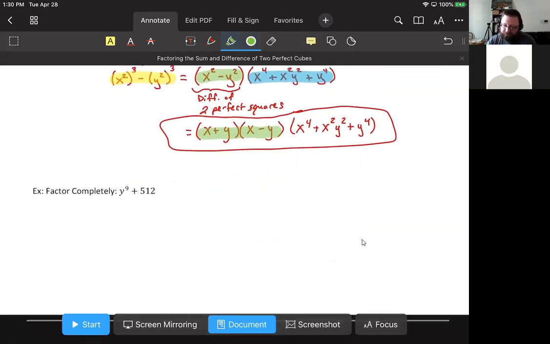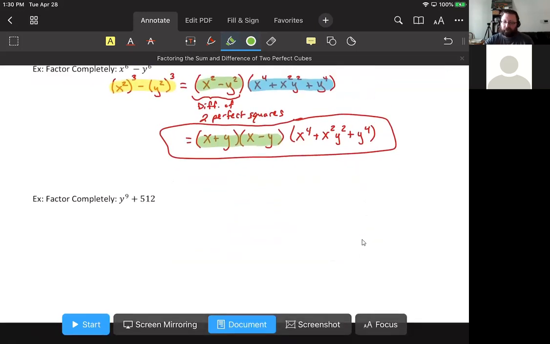So this last one is going to present some unique opportunities for adjustment. First off, it is a sum of two perfect cubes problem. So remember that that's from the first rule we learned today.